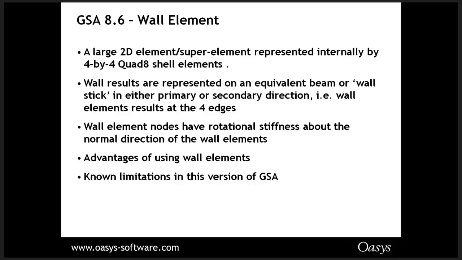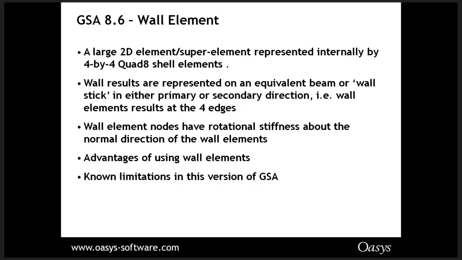Internally, we still mesh the wall element. In the current version of GSA, we mesh a wall element by 4 by 4 quad 8 shell elements. But you don't need to bother, because when you define a wall element, it's just a 4 node 2D element.